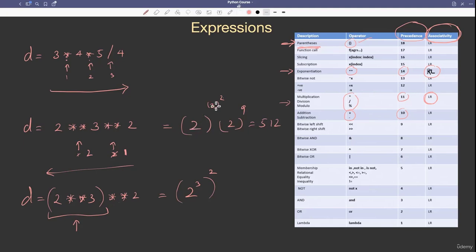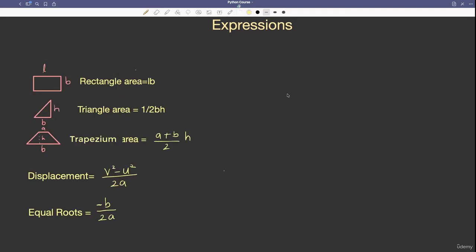So power has right to left associativity. We have learned about precedence and associativity. We have also seen that we can change the precedence of any operator by using parentheses. Now let us write a few expressions as a practice. Here we will learn how to write expressions. I have taken some mathematical formulas.